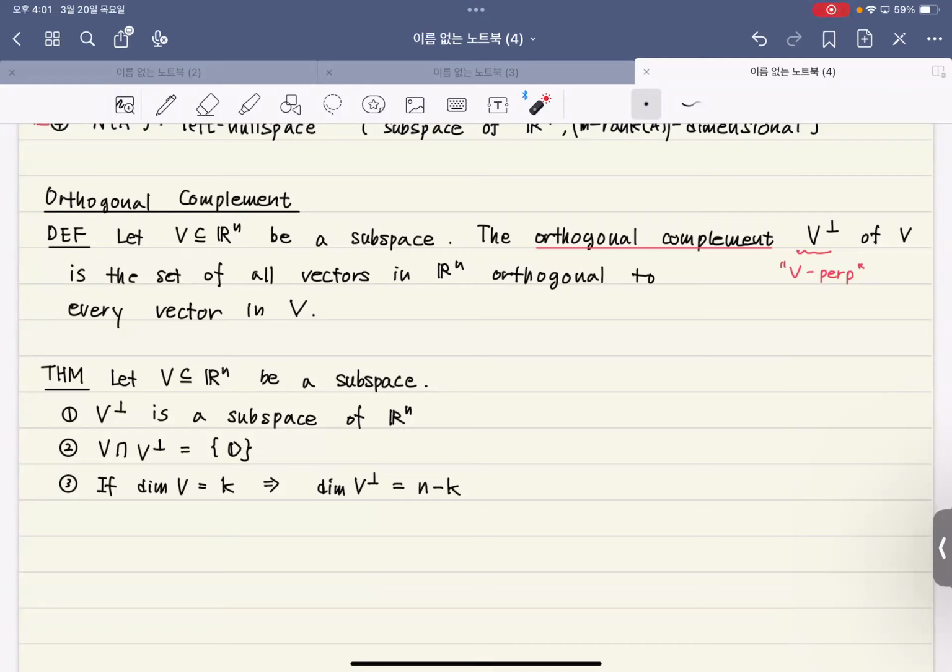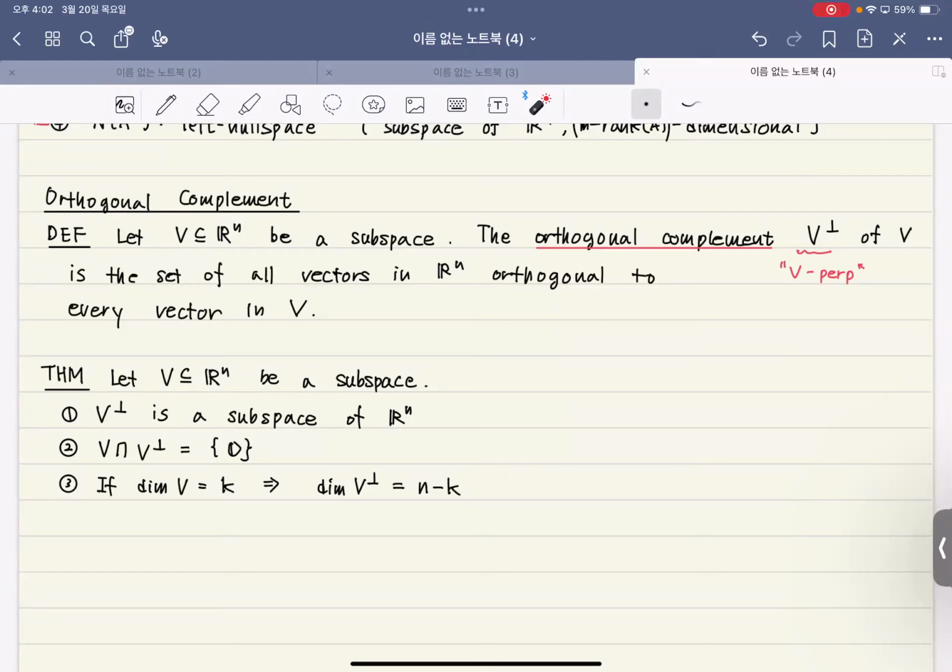By now, if you remember anything from my last lecture, then condition number 2 and condition number 3 remind me of the direct sum, right? Suppose you have a huge ambient vector space, and two subspaces of that ambient space. If these two spaces only intersect at the origin, and they are complementary dimensional, then we say the ambient vector space can be written as a direct sum of these two subspaces.